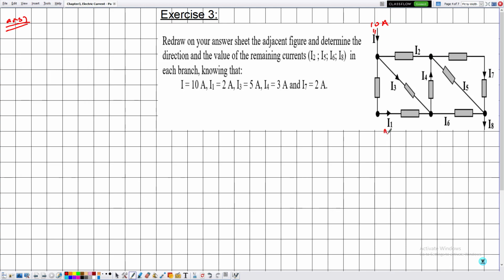I1 is equal to 2 amperes. And I3 is equal to 5 amperes. I4 is equal to 3 amperes. And I7 is equal to 2 amperes.